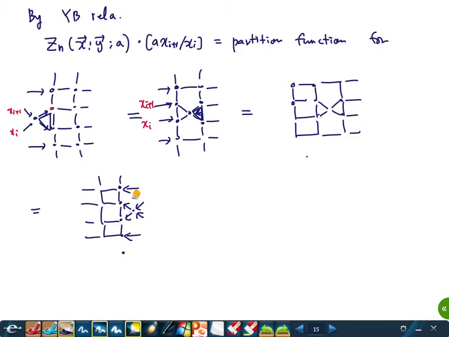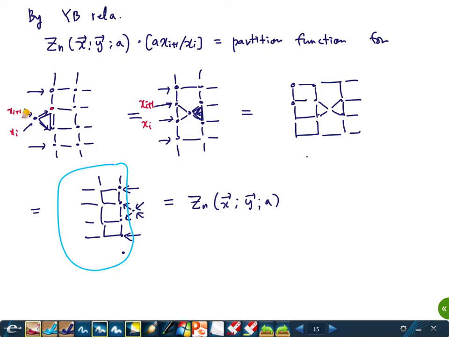But what is the weight of this? If you look at this part, except for the additional vertex, this is exactly the same as this. This is equal to Zn x y a. And what is the weight of this? This is fixed. So this is a vertical line, and here it's the same. They look a little different, but their weights are the same. Right?